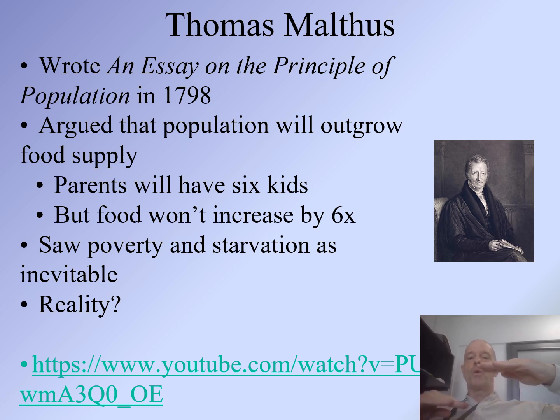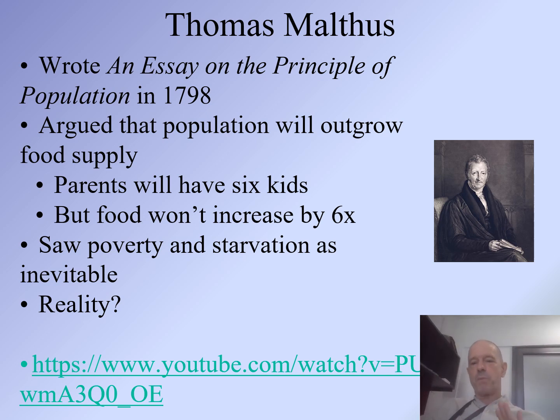Population is going to grow so quickly because of all the children. And eventually what's going to happen? We're going to starve. We're going to be hungry. It's going to be a war of all against all. End of story. See, this guy was no fun at a party, was he? In reality, we're going to talk about this in class because this is pretty complicated.